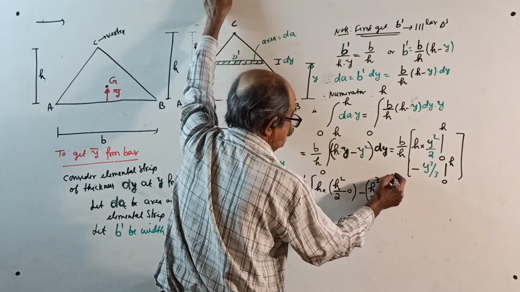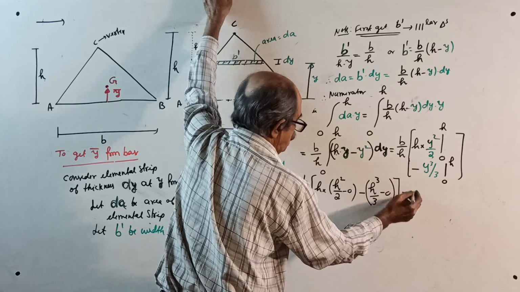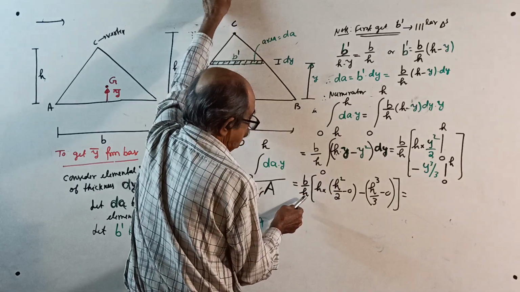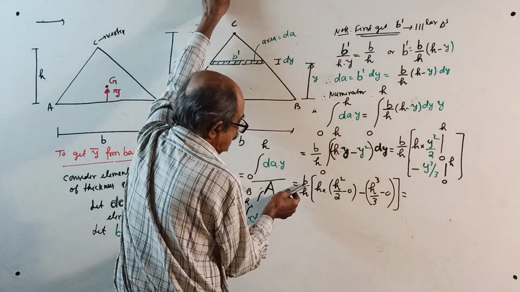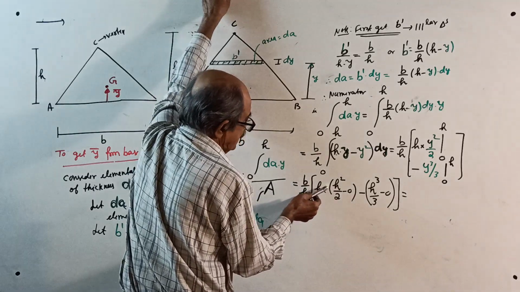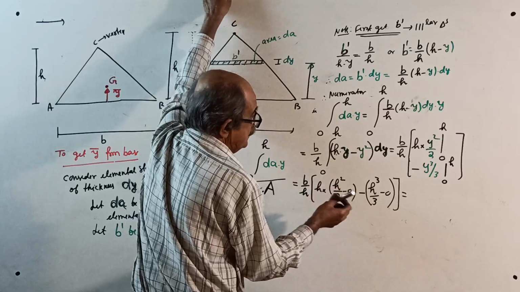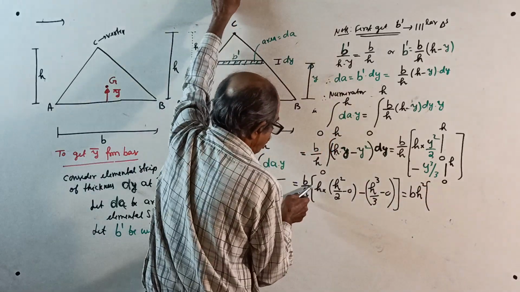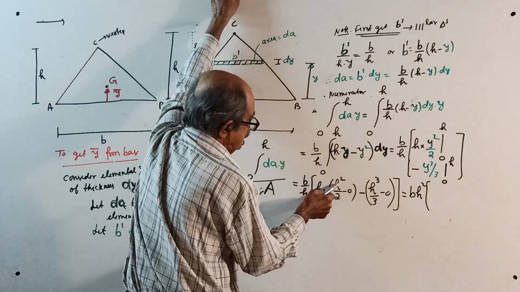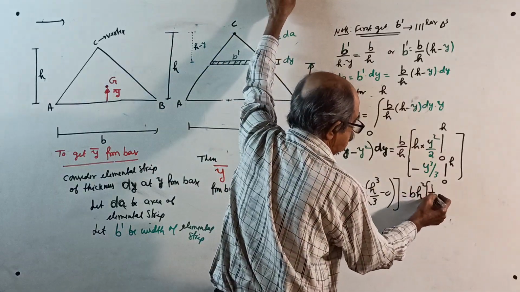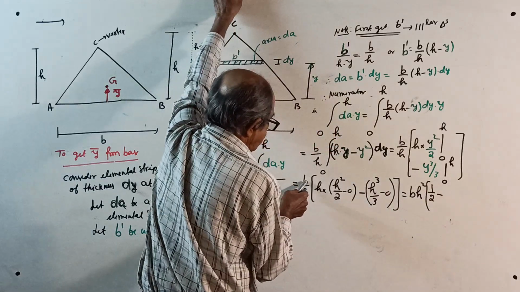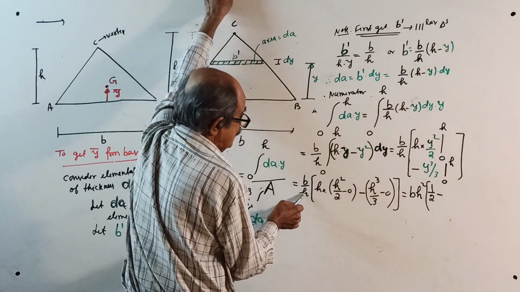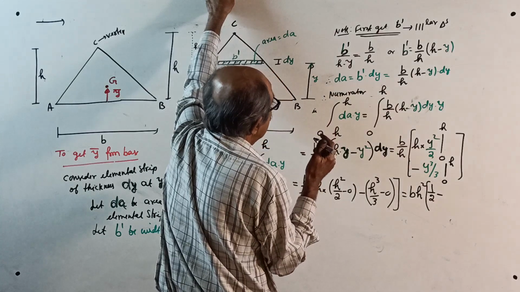So b by h into h, any problem? b by h into h cancels, h square, h cancels. If you take b h square outside, into 1 by 2 minus b by h into h cube. Here h and h will cancel. Something wrong here? Something wrong.